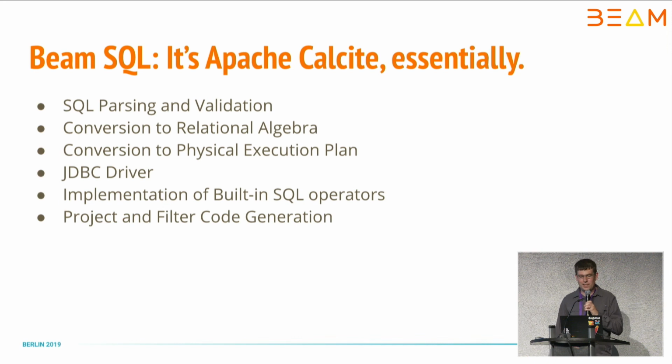But it also does the JDBC driver that powered that shell. SQLLine is the UI on that shell, so that came from Julian Hyde, who is also one of the main contributors to Calcite. Very few pieces of Beam SQL are actually specific to Beam.